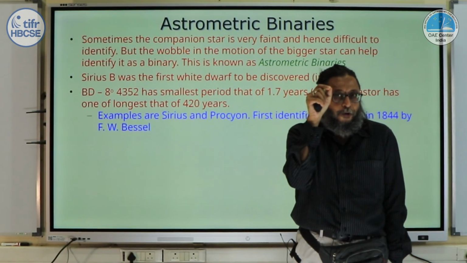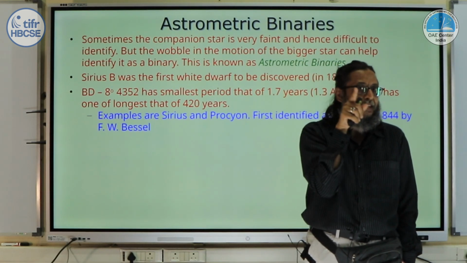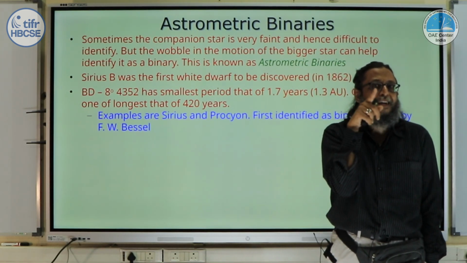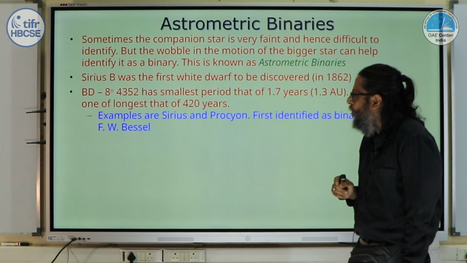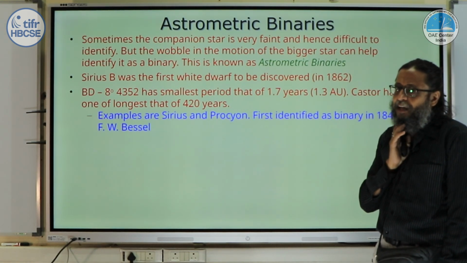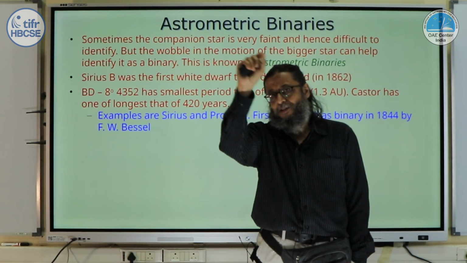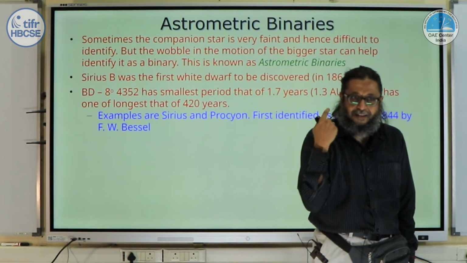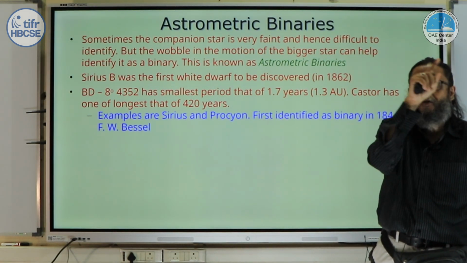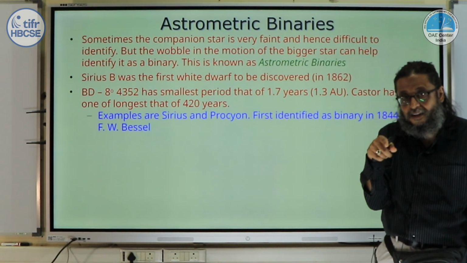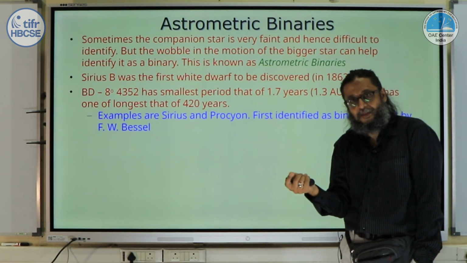So, the point of rotation, the reference point of rotation, is not outside the body but inside the body, and hence it results in a wobble. So, when you are able to see the wobble, and at the same time, if you can see the proper motion of the stars, then you can measure the parameters of the star which are needed to get the parameters of the companion star. Okay?